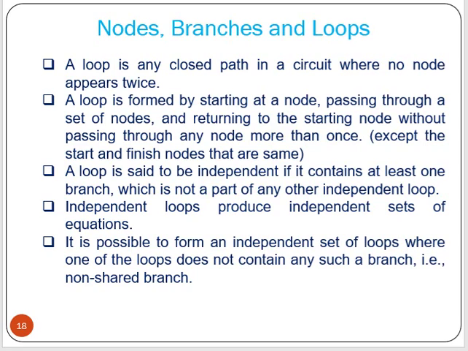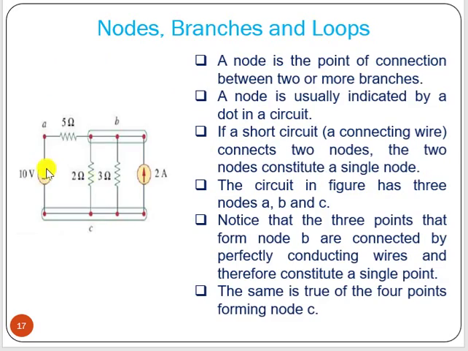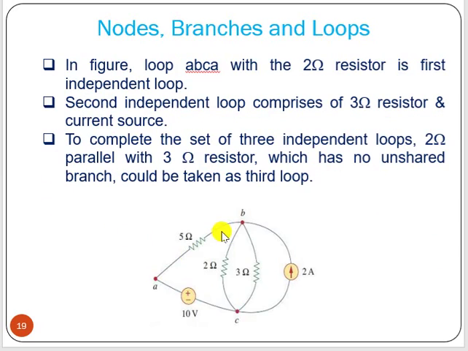So now let us take an example of this. Now these two circuits are the same if you carefully observe. Here we can see this A, B, 5 ohm resistor, 2 ohm resistor and 10 volt. This is one loop. Then we can say this current source and 3 ohm resistor is another loop. Now these two loops are independent of each other. How?